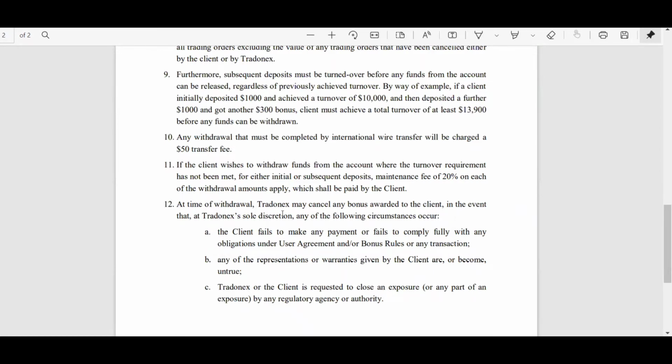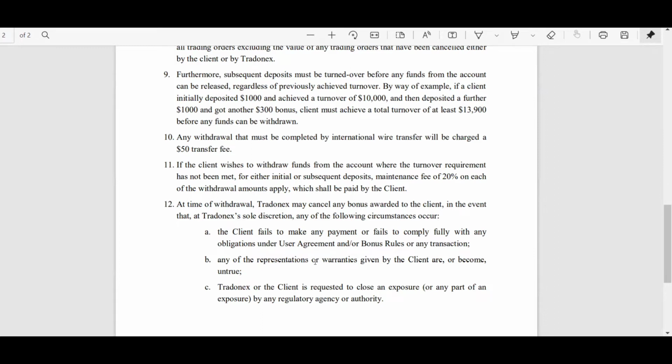At time of withdrawal, Tradonex may cancel any bonus awarded to the client in the event that, at Tradonex's sole discretion, any of the following circumstances occur. The client fails to make any payment or fails to comply fully with any obligations under the user agreement and/or bonus rules or any transaction.